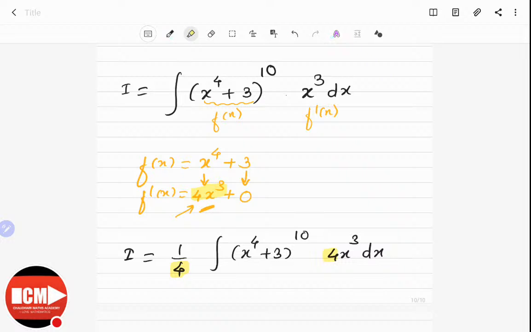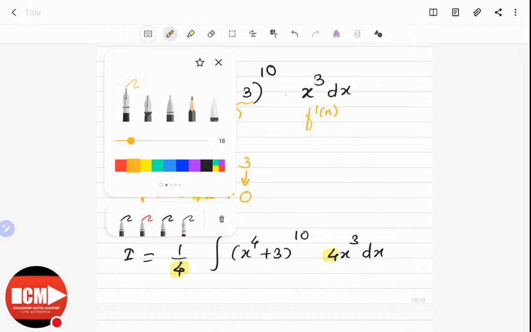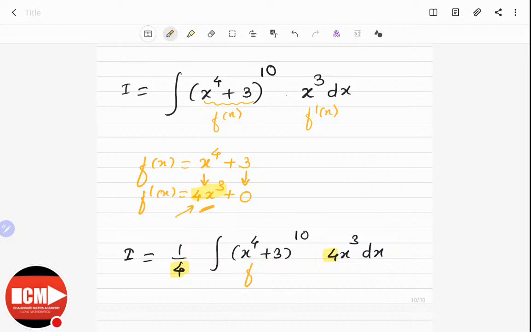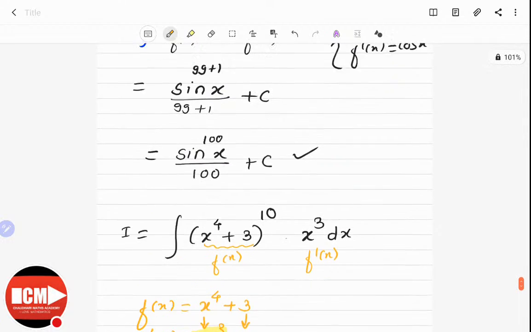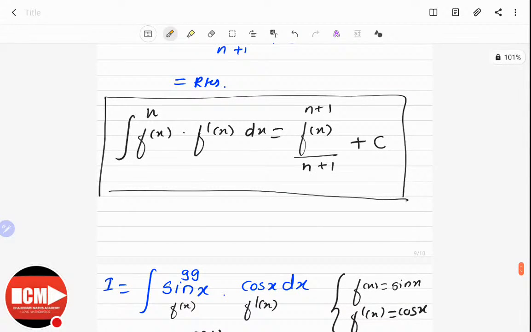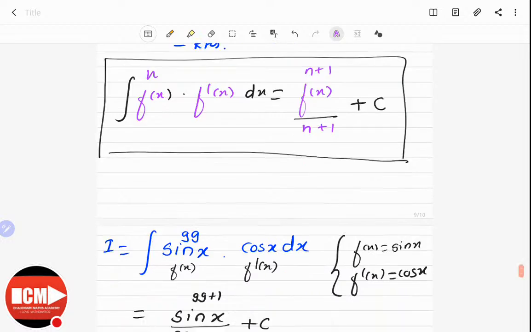In this question, the function is x raised to 4 plus 3, 4x cube is its derivative, and this 10 acts as n. Please apply this simple corollary: integration of f of x raised to n into f dash of x, the answer is f of x raised to n plus 1 divided by n plus 1. So this is the final answer.